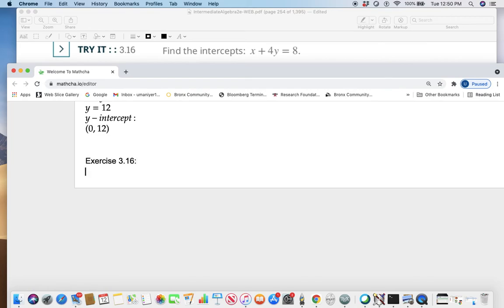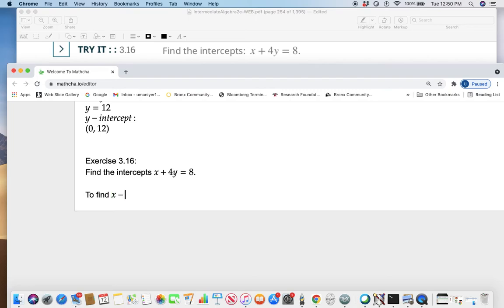Exercise 3.16. Find the intercepts of x + 4y = 8. To find the x-intercept, what do we do? Set y equals 0.